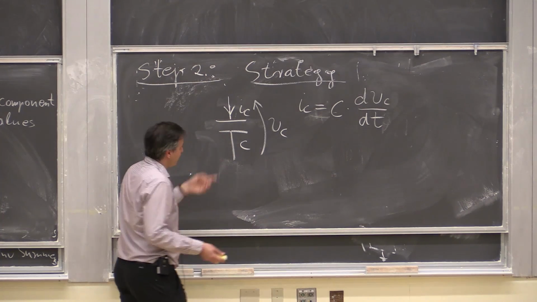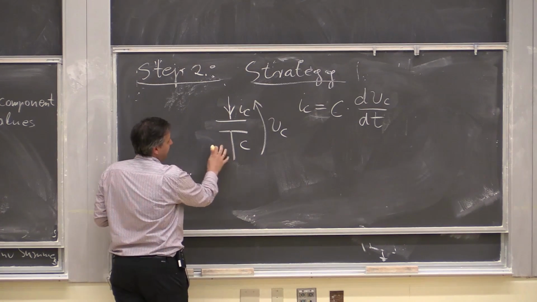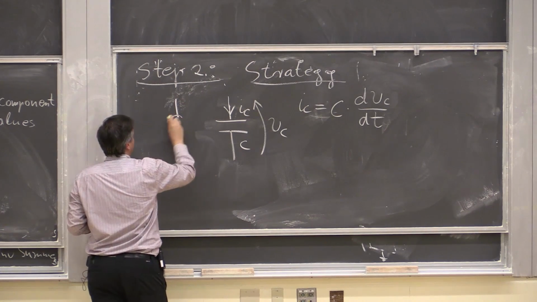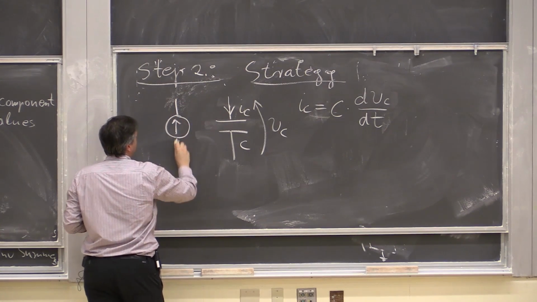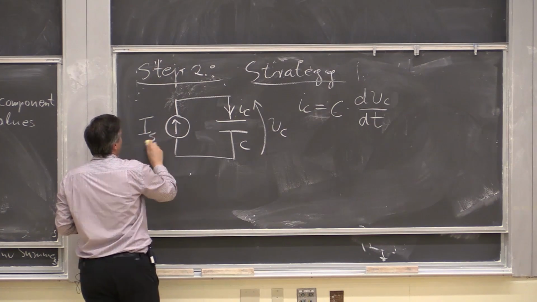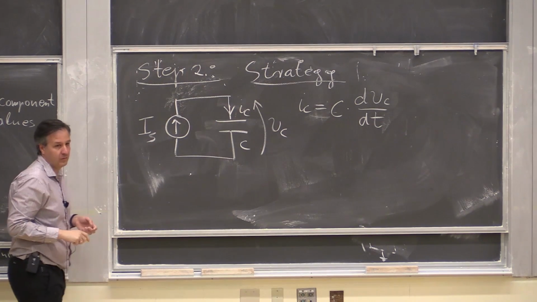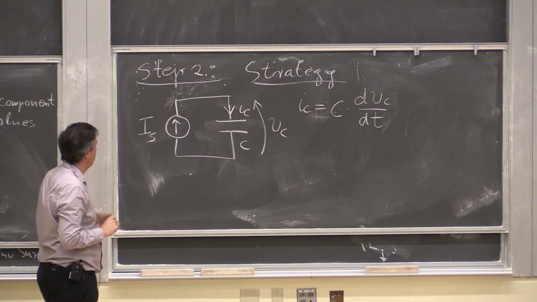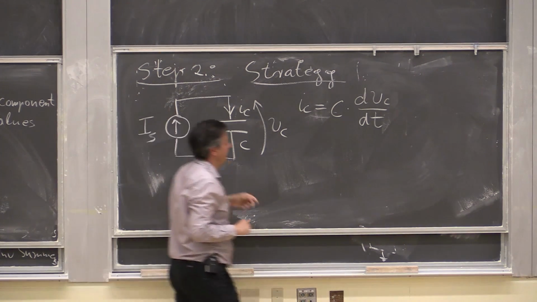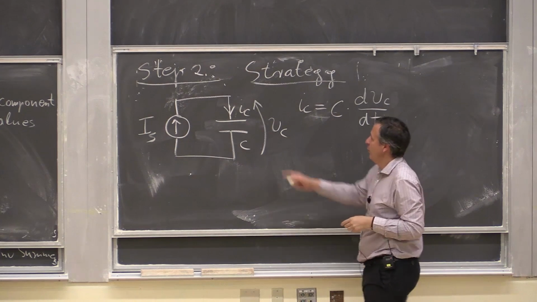So let's say I take this element and I add a current source, IS. What is going to happen with voltage VC?